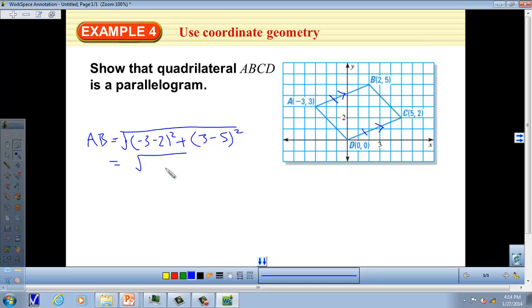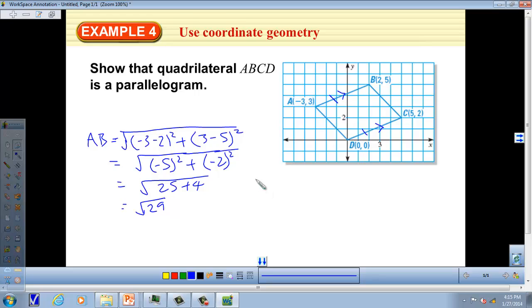This gives us a negative 5 squared, and 3 minus 5 gives me a negative 2, so negative 2 squared, and that gives me 25 plus 4, and that's radical 29. So that's the first part.